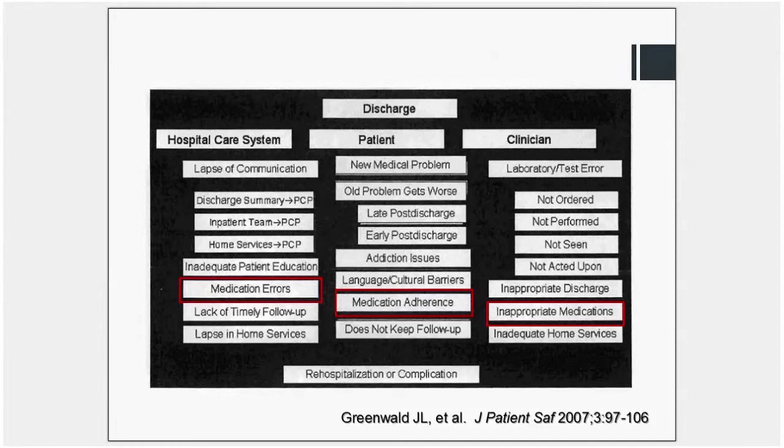And then also with prescribers and clinicians making less than optimal choices about medication use, dosing, whether a medication interacts with one that the patient may already be taking. So there are a number of places where problems can occur, and it's important to think about all those before we start addressing preventative strategies for medication problems.